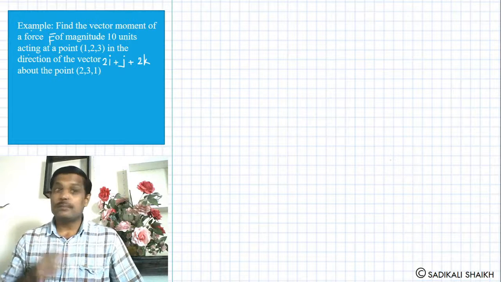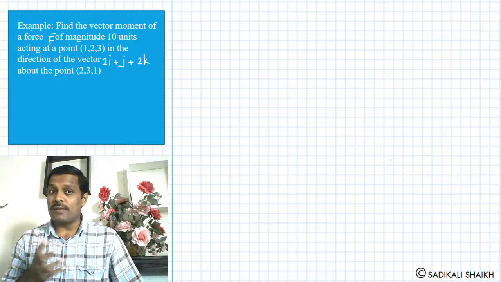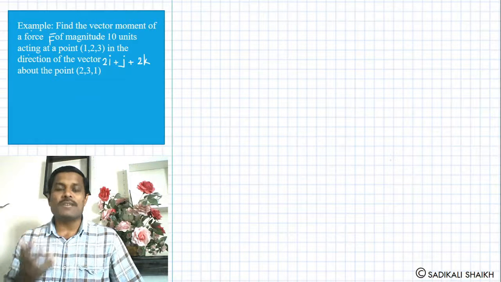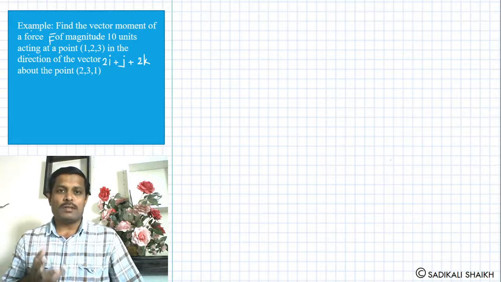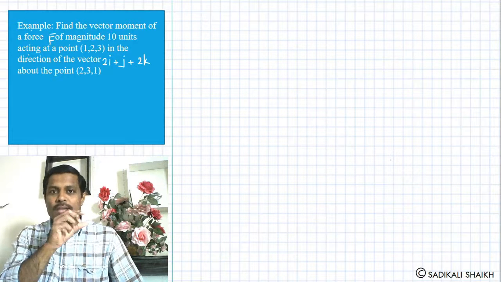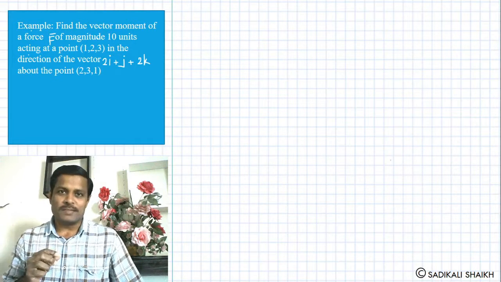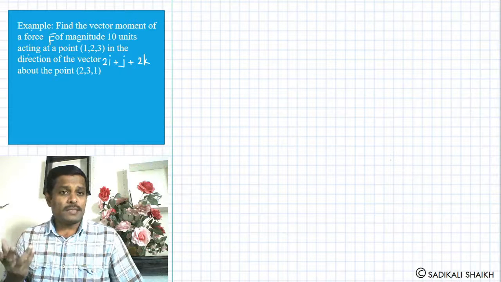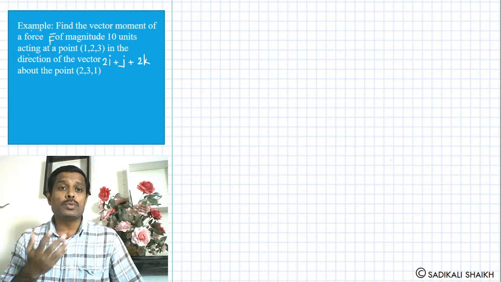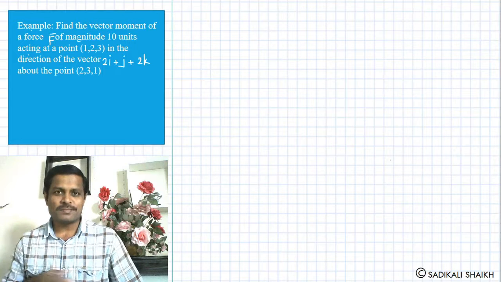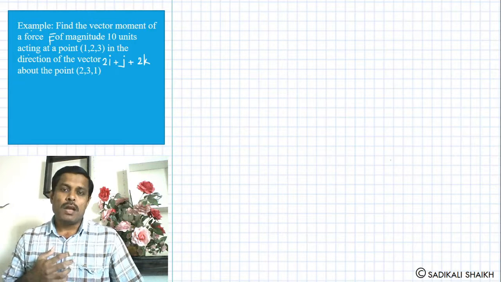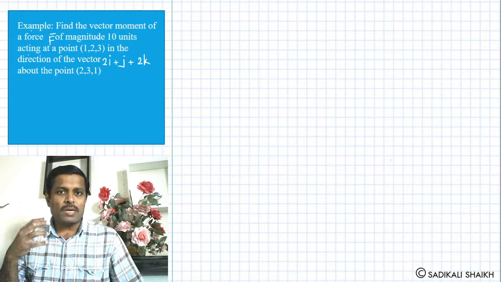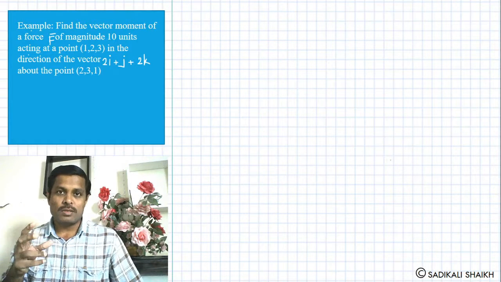So first I have read this. The force is given, but the expression of the force is not given. They are saying the force has magnitude 10 units, which means I have to construct such a force.